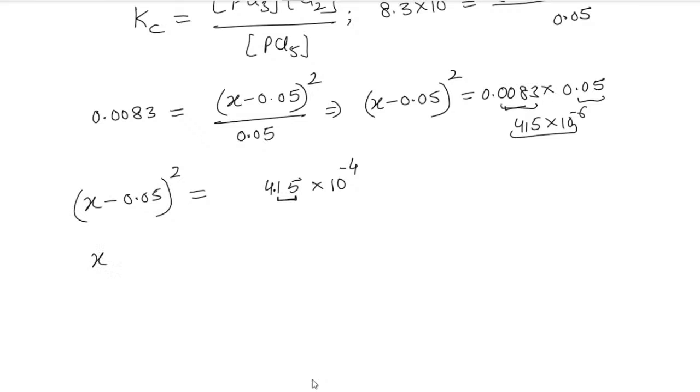So now X minus 0.05 is equal to, almost, 2 squared is 4, so the value is 2 point something.